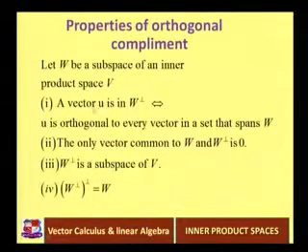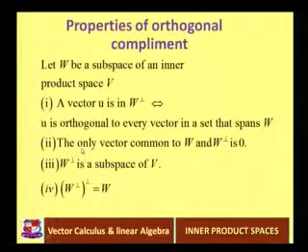It means a vector u is in the orthogonal complement if and only if that vector is orthogonal to the vectors in the set that spans the vector space W.